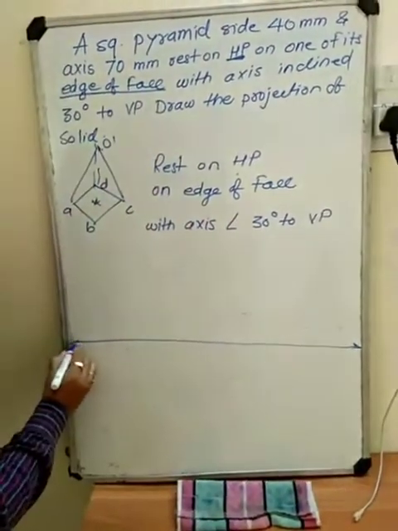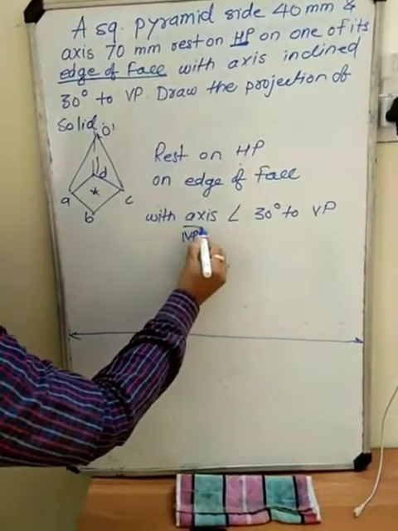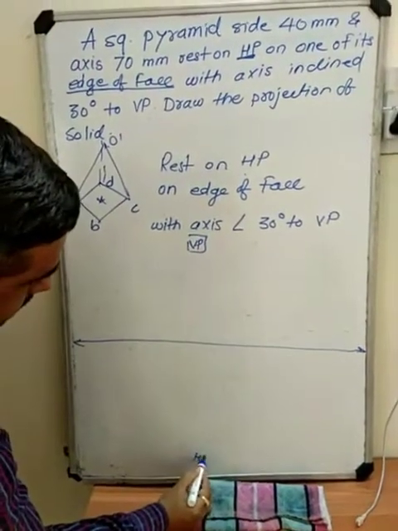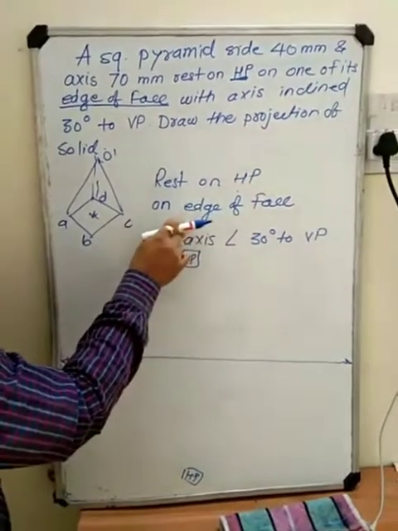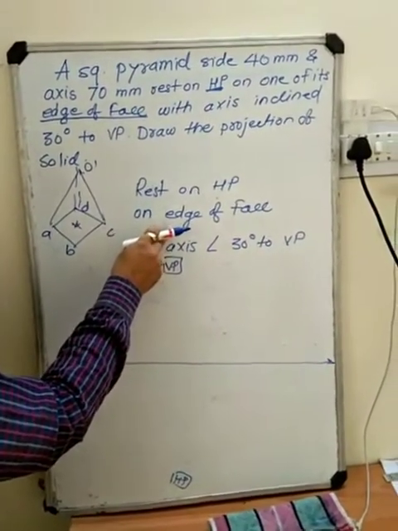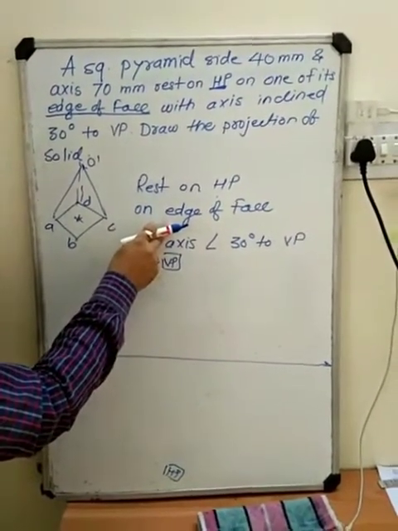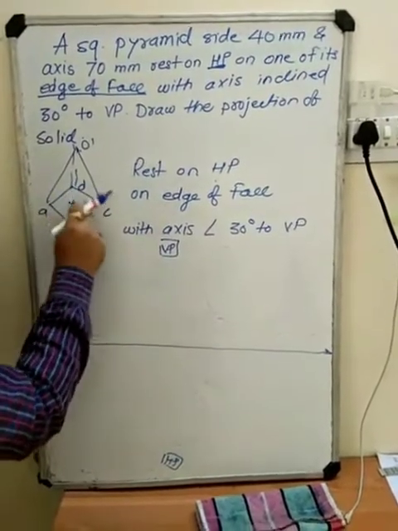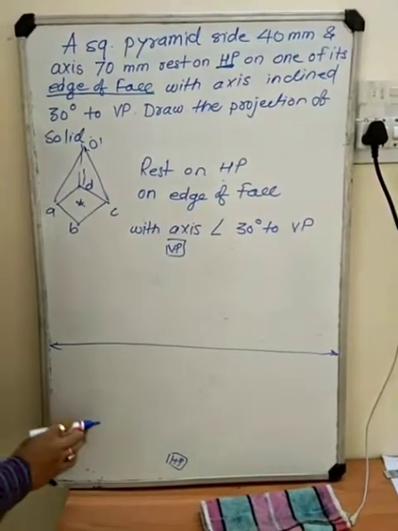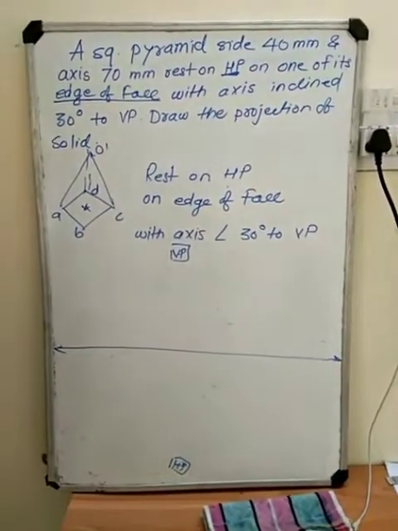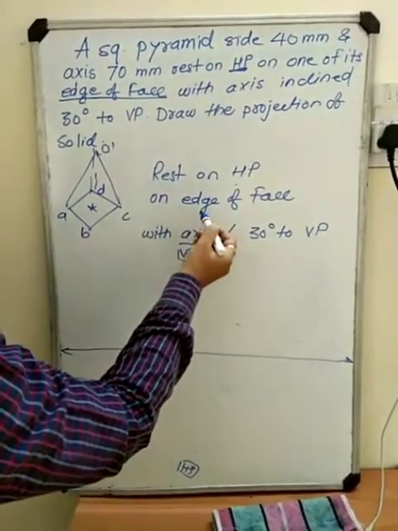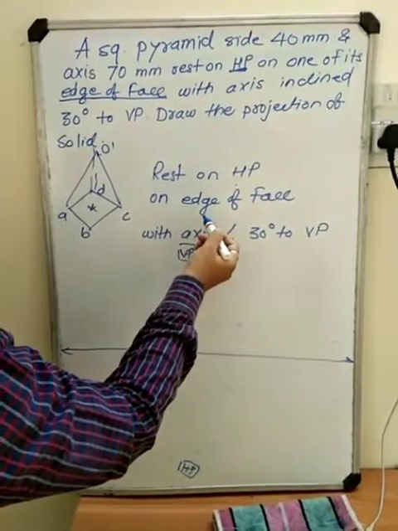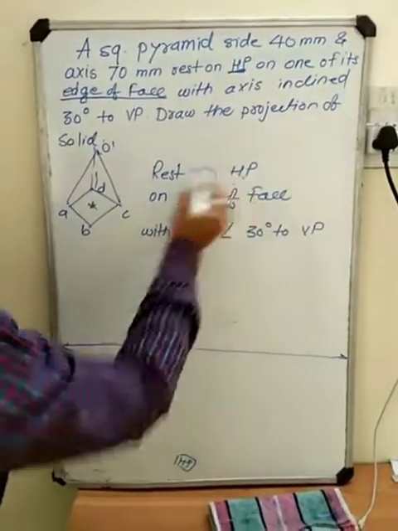So this is VP, this is HP. Now first of all, this direct condition is not possible, so you have to place the solid on HP on its base. So starting with base on HP, but as you have to project this solid, you have to position that solid on edge of face on HP.